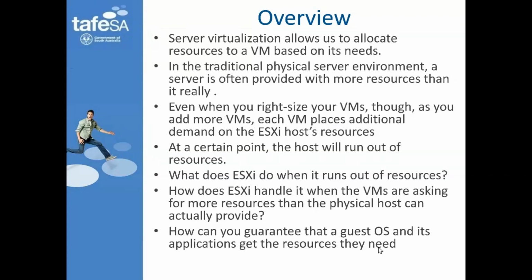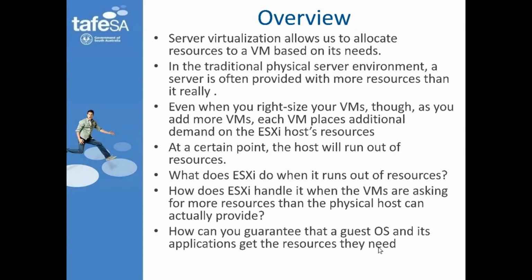Doesn't matter which resource it is: RAM, CPU, network, storage. We're going to talk about the idea of limits, reservations, and shares, and all of those things can be applied to any resource. Doesn't matter if it's memory, network, hard drive, or even CPU.